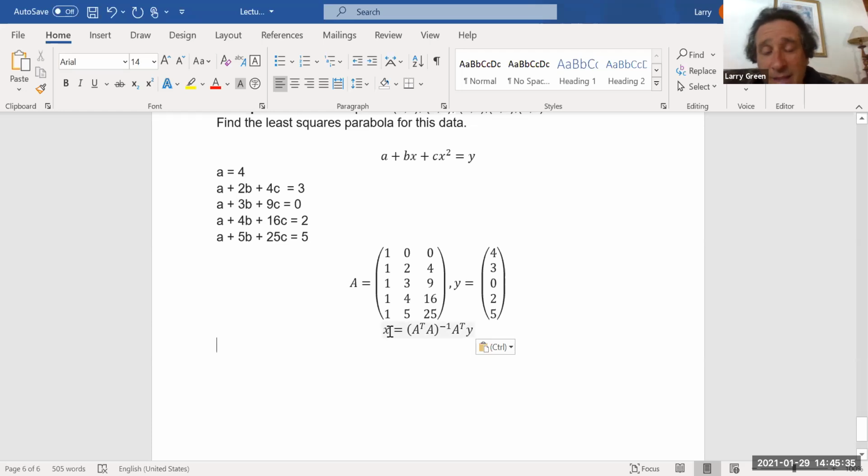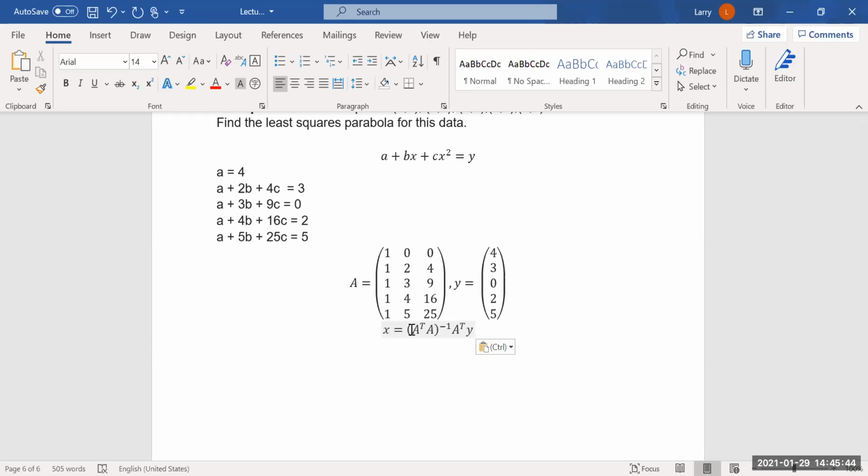Do you believe that this is not that hard in a computer to do? Excel does it all the time.